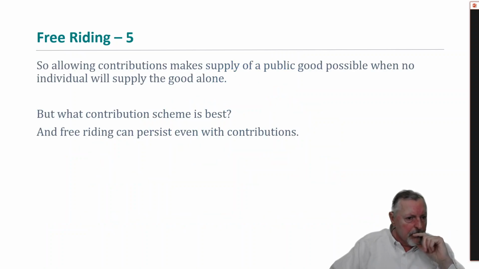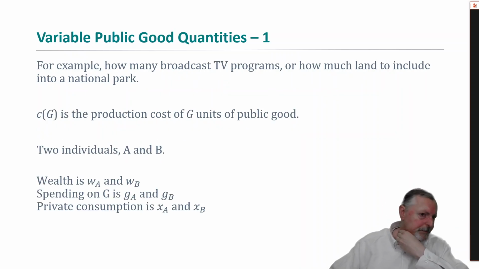Okay. Now, allowing contributions of partial price of the public good makes it possible to produce a public good when no individual is willing to do it by themselves. Does that mean that it's going to happen? Well, maybe.